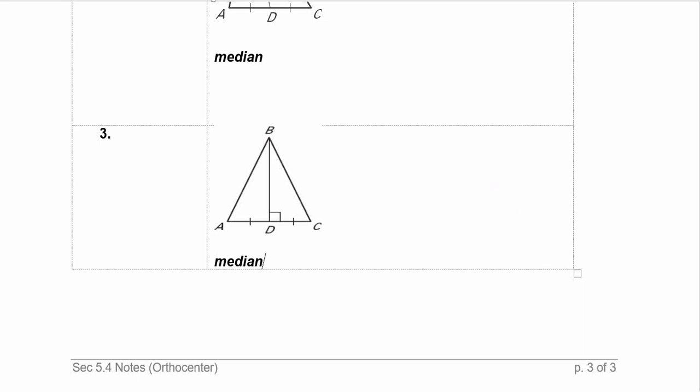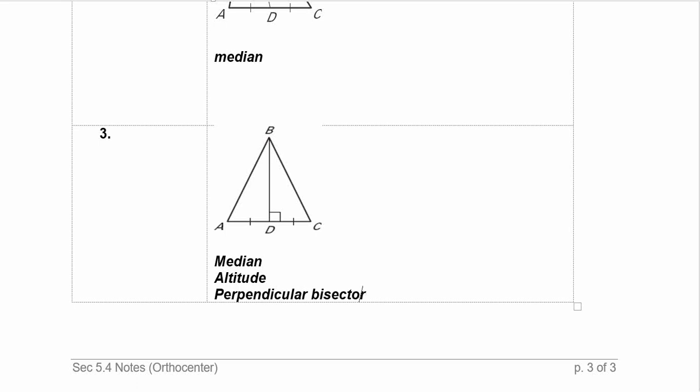It is a median because AC is bisected. It is an altitude because this line segment is going from the vertex to the opposite side and it's perpendicular to it. And since it is both a median and altitude, we can also say the last thing, that it is in fact a perpendicular bisector. Okay.